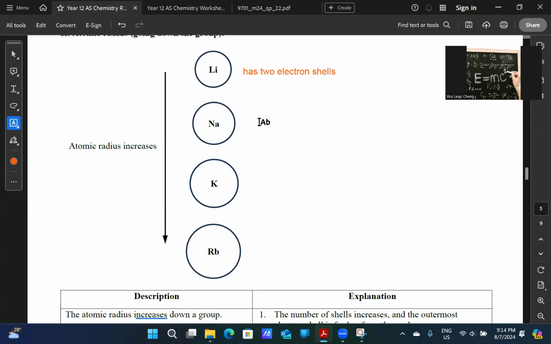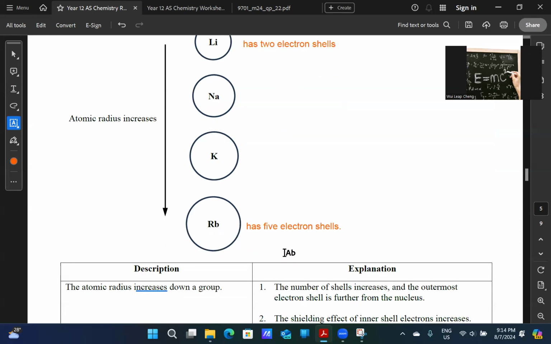Then sodium has 3 electron shells. Potassium from period 4 has 4 electron shells. The last one here, rubidium, is from period 5. It has 5 electron shells. Okay, so from 2 electron shells it increases to 5 electron shells.